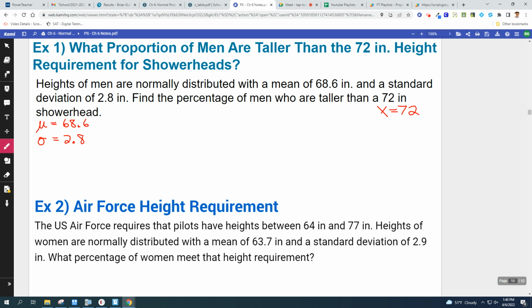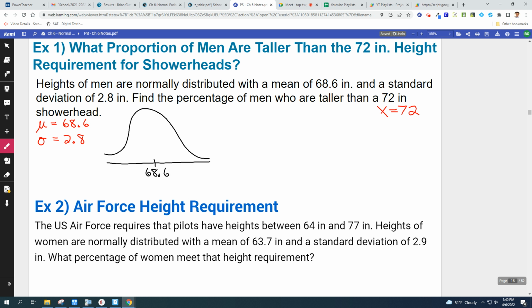So if you look at your normal curve, normal curve is bell-shaped. And last time when we did standard normal distributions, that was the mean and it was 0, but the mean doesn't have to be 0. In this case, the mean is 68.6.